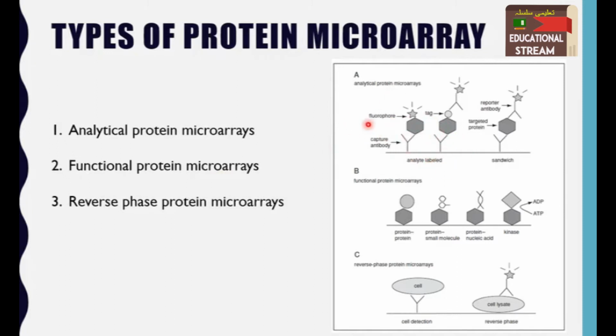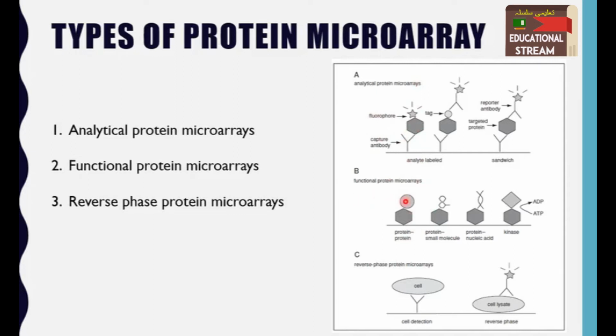Around the same time, another type of microarray was developed via the immobilization of purified protein on the glass slide. So to distinguish this from the antibody microarray, they are divided into two main classes, one of which is known as the analytical protein microarray and the second one is known as the functional microarray.